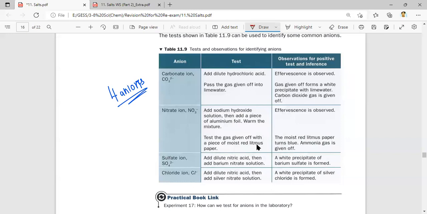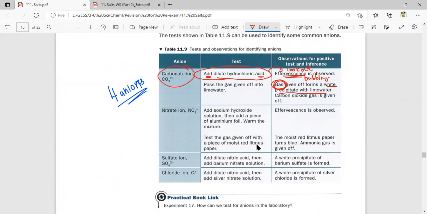So how to test for carbonate? I add acid. It need not be hydrochloric, it can be other acid. By adding acid, look out for effervescence. Effervescence means bubbling. If effervescence is observed, and the gas forms white precipitate with lime water, I know it's carbonate.